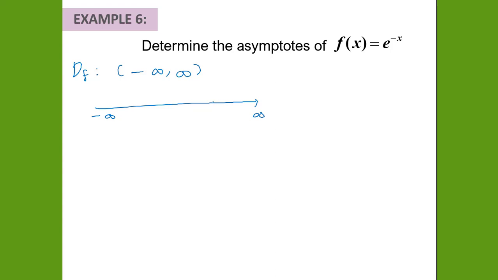There is no excluded number here, so from the domain, there is no vertical asymptote. Now you need to find the limit as x tends to negative infinity of e to the power negative x, and the limit as x tends to positive infinity of e to the power negative x.